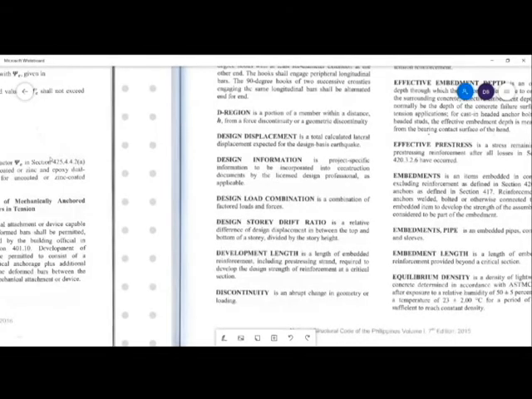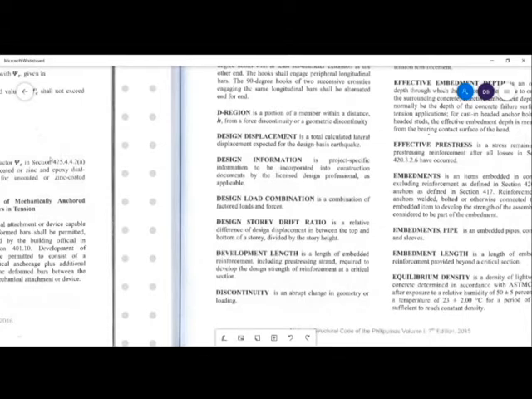Okay, so let's start this video. Let's talk about the development length, and we are to check all our designed footings if the reinforcement has followed the required development length.